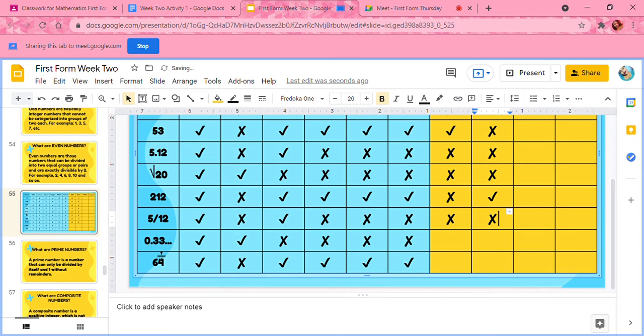How about 0.3333 never ending recurring 3? Is it odd or even? None of them. Very good. How about 64? Even. It's even. Very good.